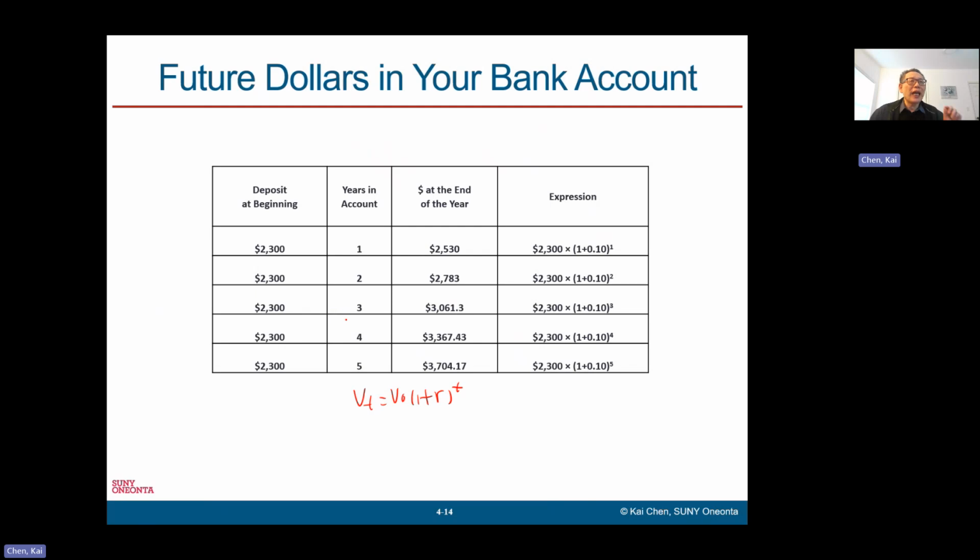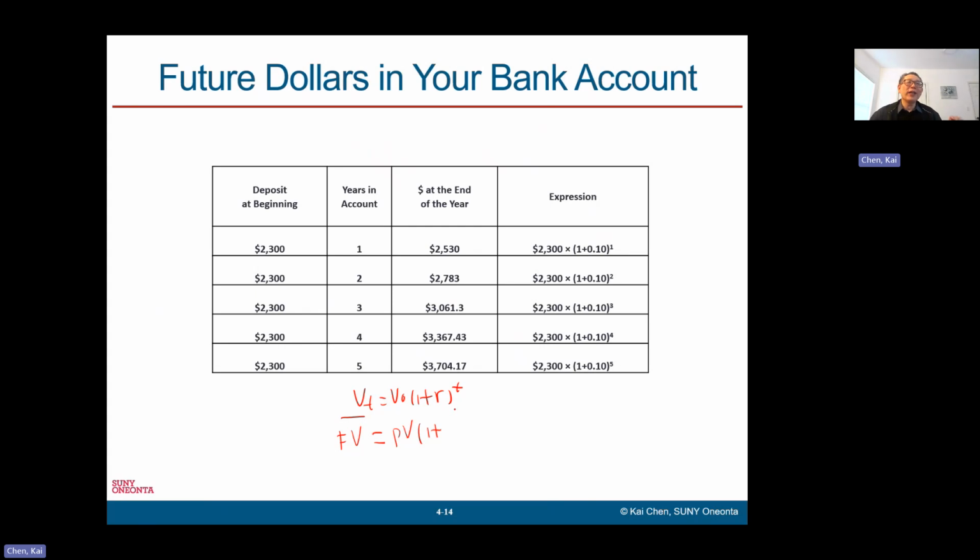So we want to use finance notation and finance terminology. If we use finance terminology, instead of VT we would like to use FV, future value. And for V0, we would like to use the present value. And then 1 plus R is the growth rate. We use the same letter.